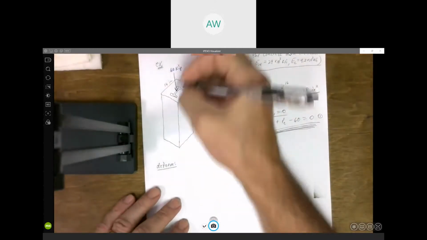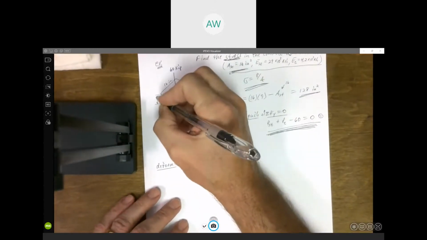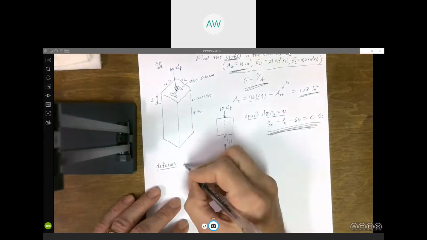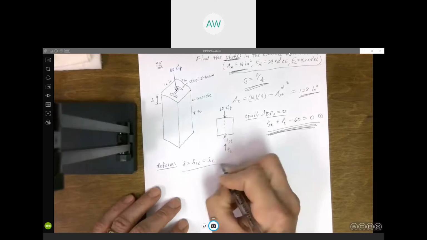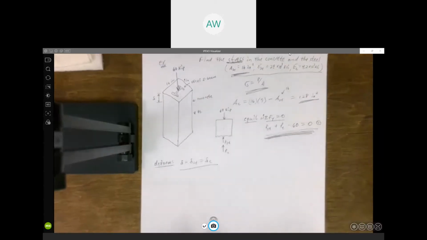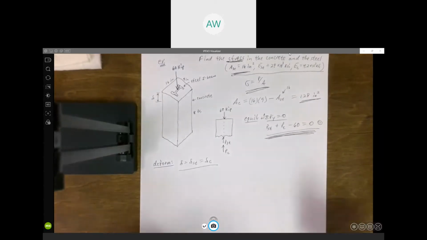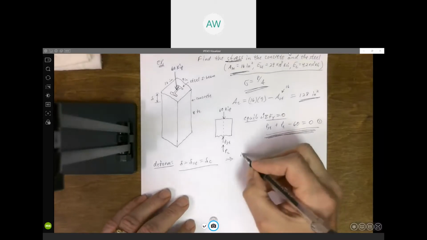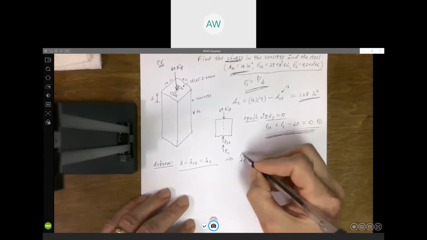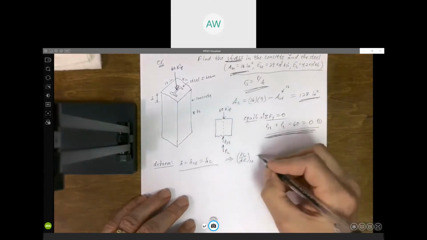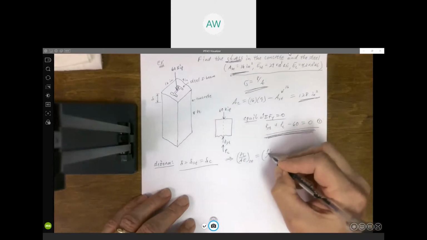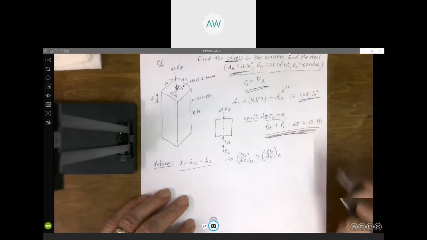Right, so when we push this thing down some distance delta, it's the same for the steel as it is for the concrete. Everything's going to get compressed the same amount. So I know PL over AE, that's the deformation in the steel, it's got to equal PL over AE, deformation in the concrete.